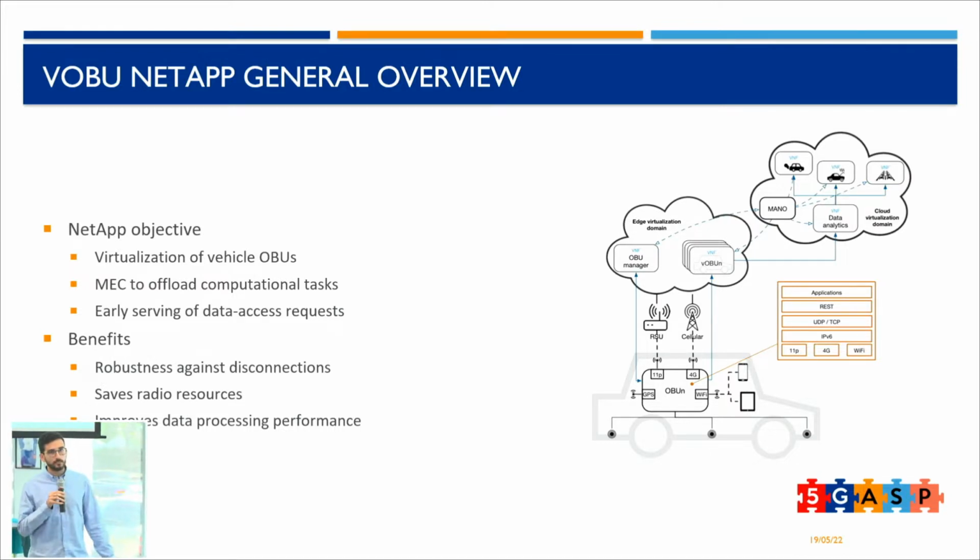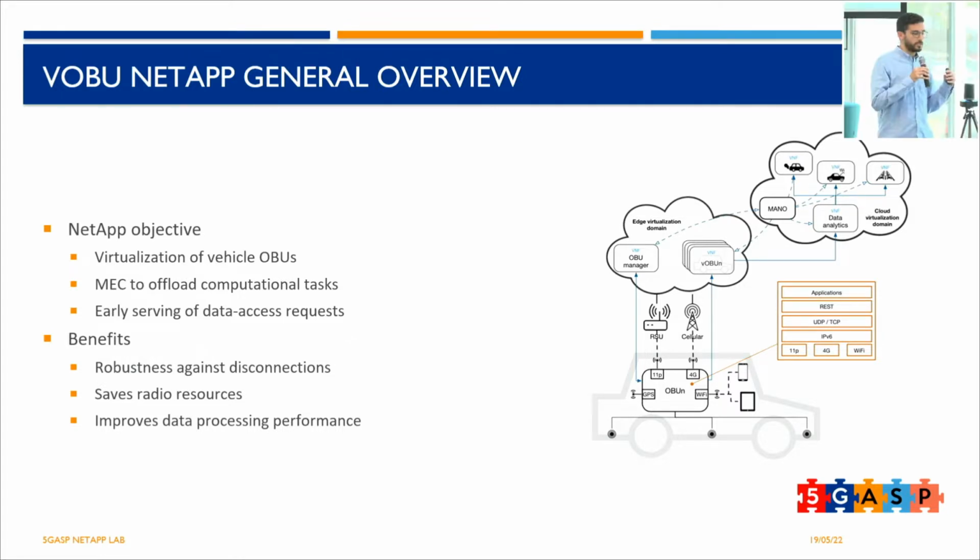The idea that we have with this application is that we have the physical OBUs located in the vehicles, and we try to provide a virtual counterpart, a virtual OBU in the MEC, in the cloud, near to the vehicle, and connected in this way also to the cloud and the core network.